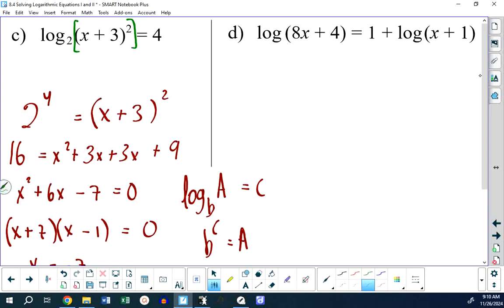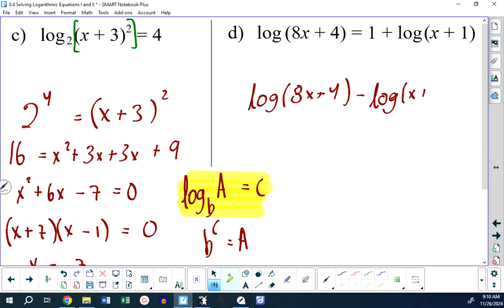Over here, we want to work towards this. There's another way to do it, but I haven't even decided if I'm going to show it to you. I can do that by subtracting one of these logarithms to the other side and having the base 10 logarithm of 8x plus 4 minus the base 10 logarithm of x plus 1 equals 1.